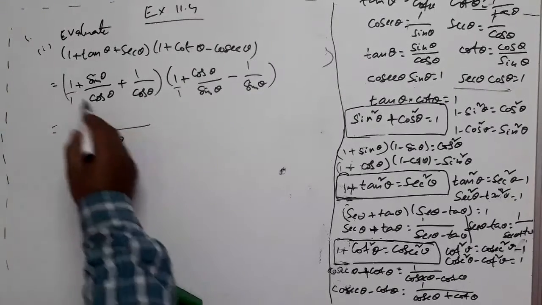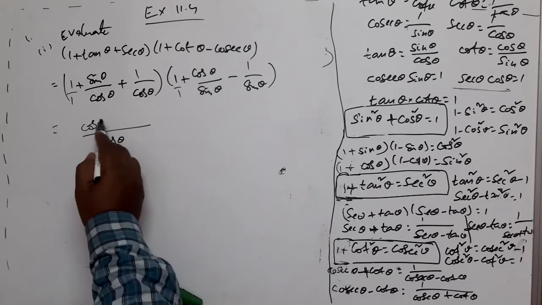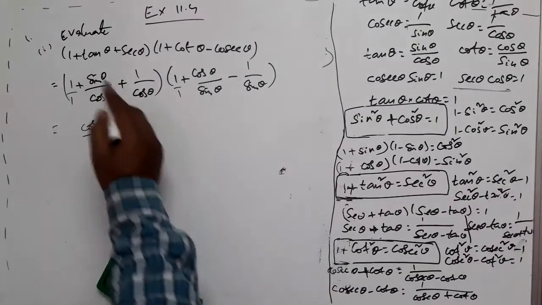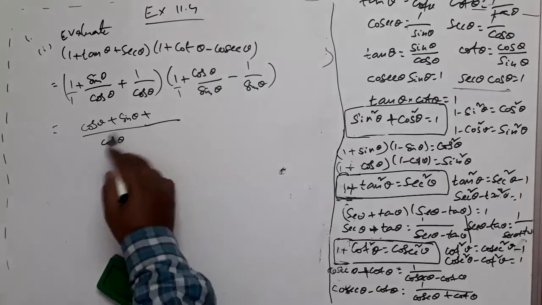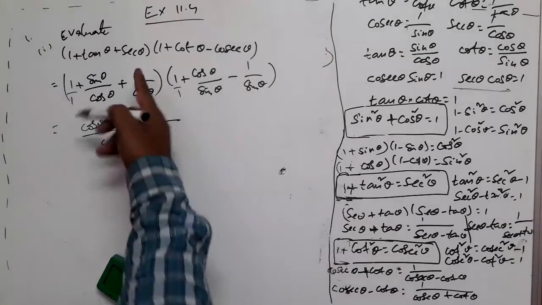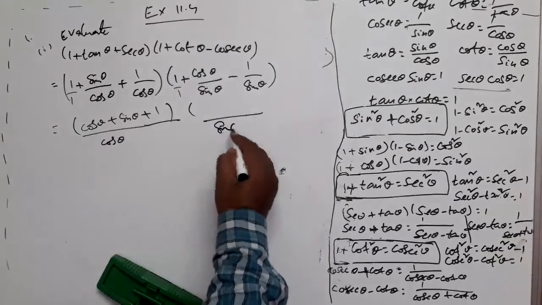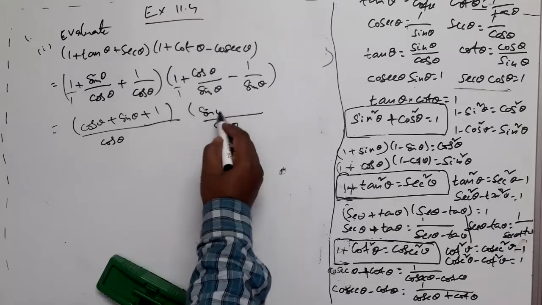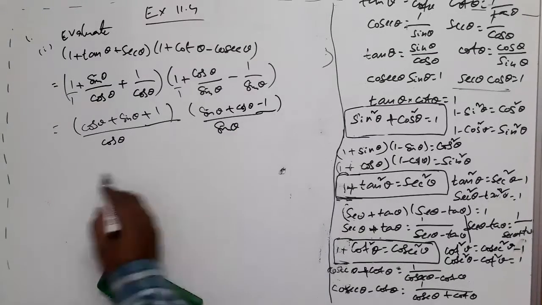Here you will get cos theta plus, here cos theta is there, 1 times 1 into sin theta is sin theta. Plus here, 1 times 1 into 1 is 1. In the same way, here you will find sin theta as the denominator. Numerator will be sin theta plus cos theta minus 1.